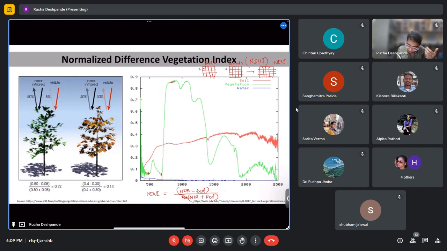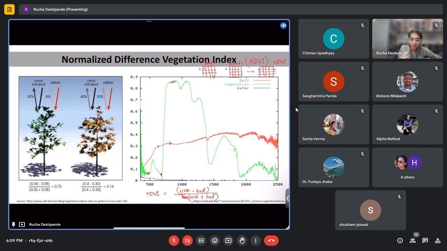Suppose there is soil also, which reflects more in the near infrared region. But if we take the difference between near infrared and red, for soil the difference would be very small, but for vegetation it would be high. So that would enhance it from the background soil.